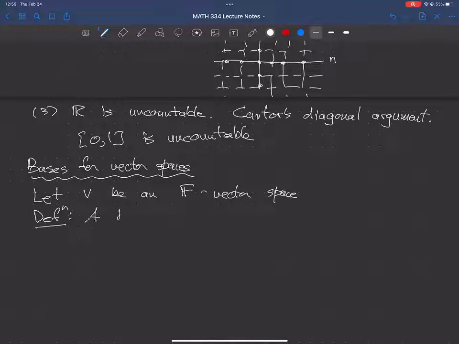Okay, a subset, let me not call the subset B, let me call it lambda, because B sounds like a basis and I'm not talking about bases yet.